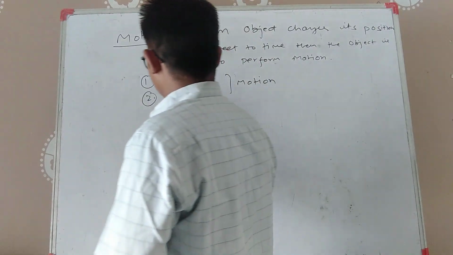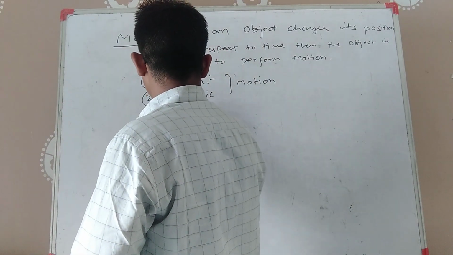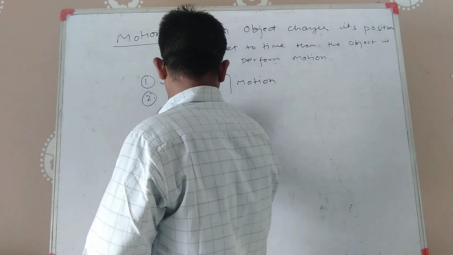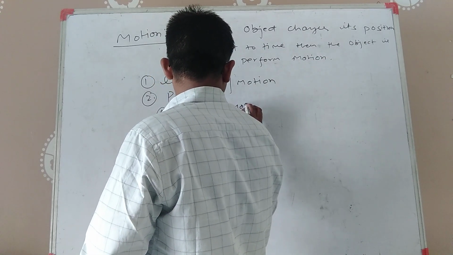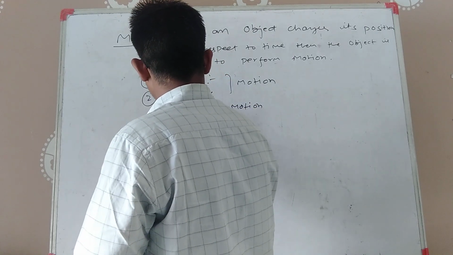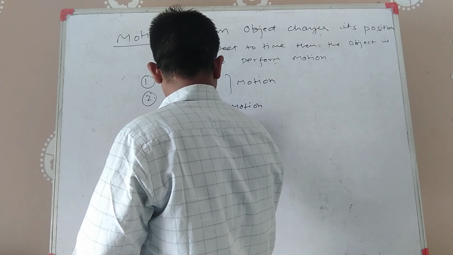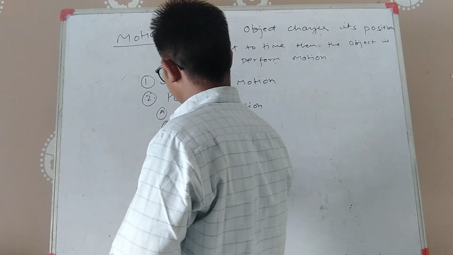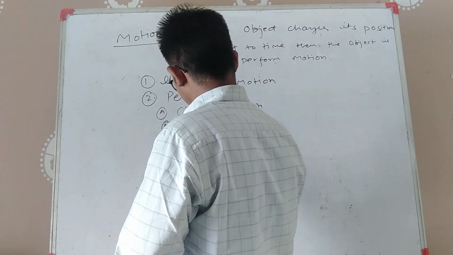So periodic motion is basically of 2 or 3 types. The first one is circular motion, second is oscillatory motion, and third is vibratory motion.